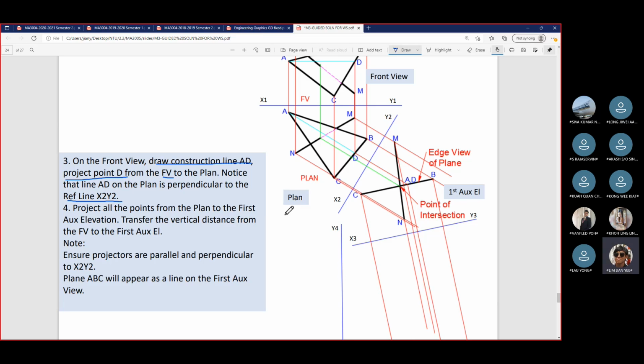So now, I think a concept that wasn't mentioned was that if you reflect a perpendicular line about a datum, in this case AD is perpendicular to X2 and Y2, this point AD will vanish. Oh, that sounds so magical.